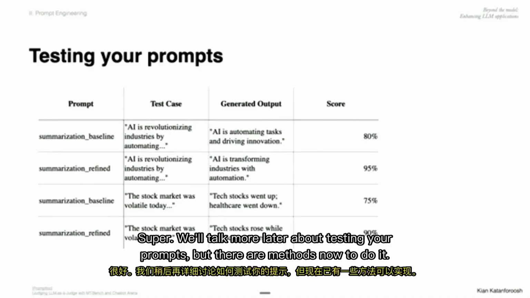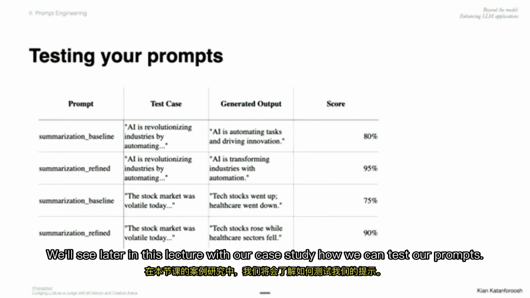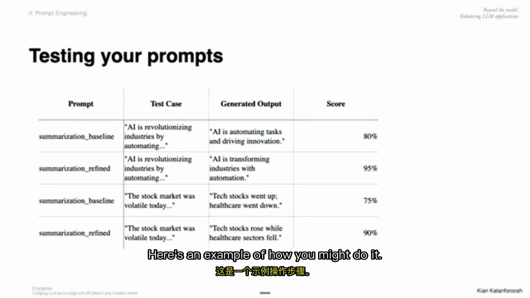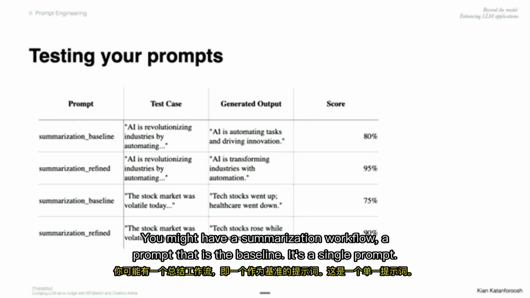We'll talk more later about testing your prompts, but there are methods now to do it, and we'll see later in this lecture with our case study how we can test our prompts. But here is an example of how you might do it. You might have a summarization workflow, with a prompt that is the baseline. It's a single prompt.